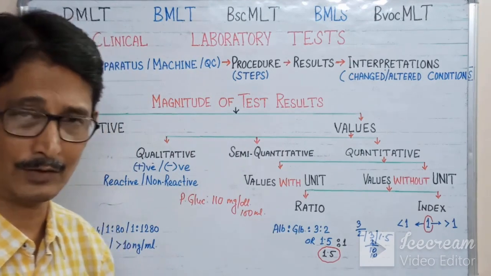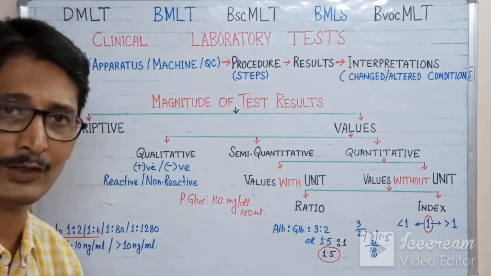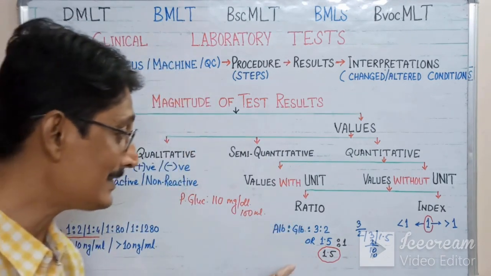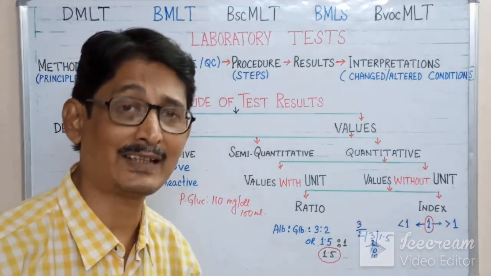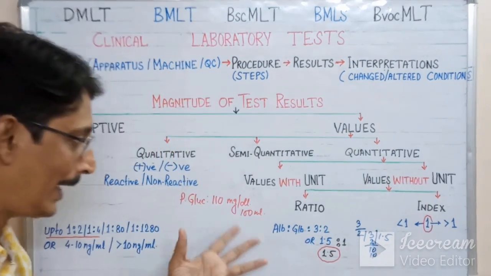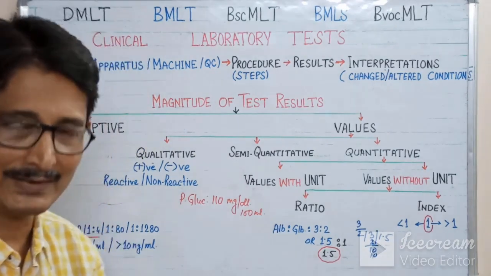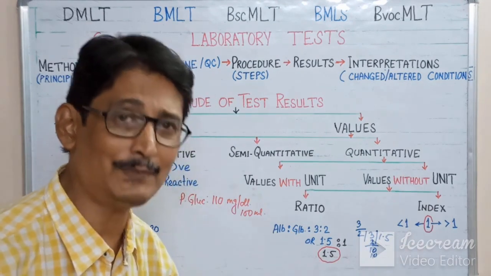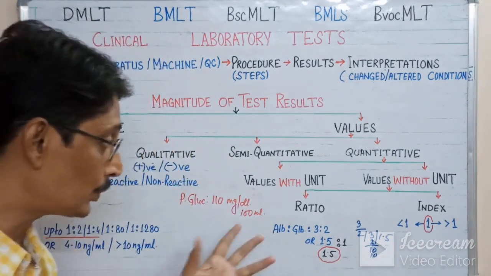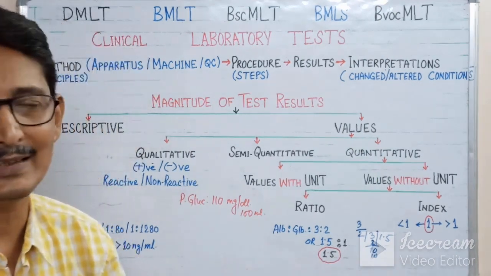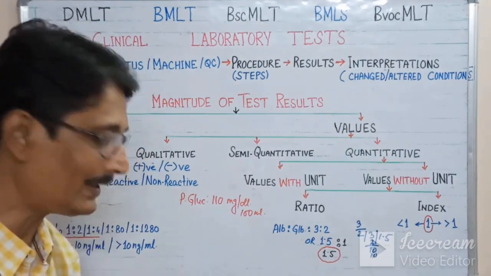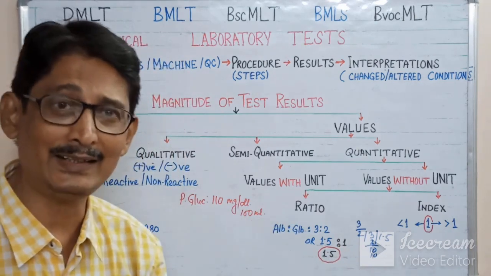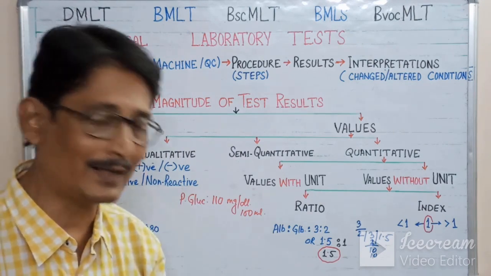And what message is it conveying to your physician or doctor? It means that the amount of albumin present in your blood is 1.5 times greater than the globulin. So this message the doctor can easily read. Nowadays this is converted into a single number, which makes a ratio easy to understand.